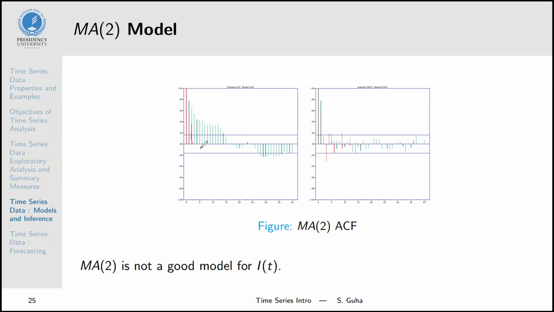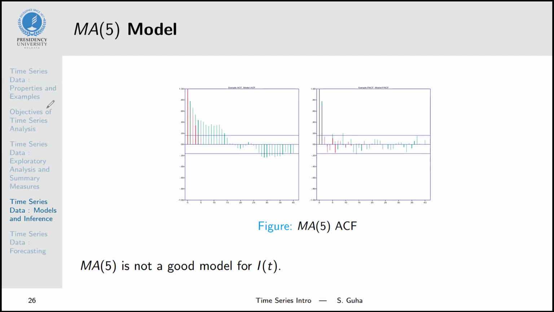So can you observe one thing, that in MA1 only up to lag 1 there was a spike, and in MA2 there is a spike only up to lag 2. So similarly, we can guess that maybe if we work with an MAQ model, then only up to lag Q there will be correlation, but after lag Q there would be no relation at all. So let us see whether that is true or not.